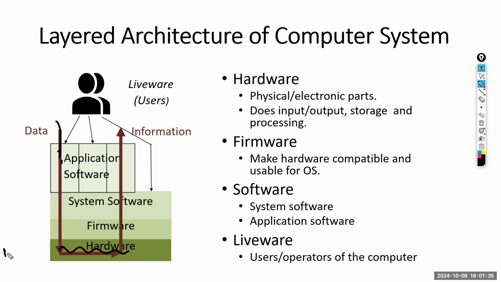So therefore, your data is a set of ones and zeros, and you get the result as another set of ones and zeros, which is again interpreted and displayed using your application software. That is the important thing you must understand.